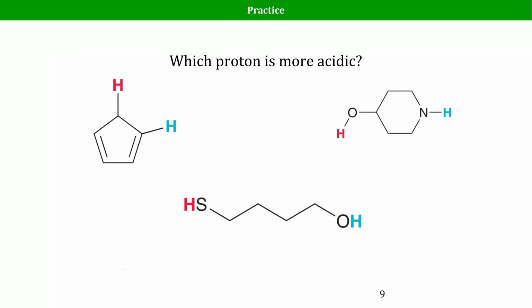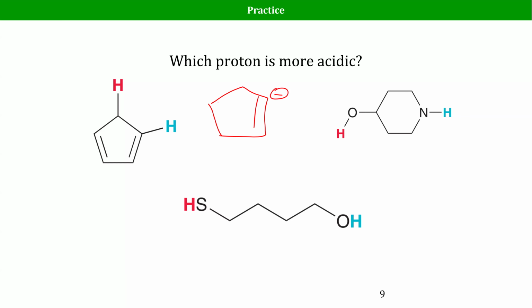So out of these two, the red versus the blue, which one's more acidic? The blue, because of the double bond right there. So what would you make if we deprotonated that?